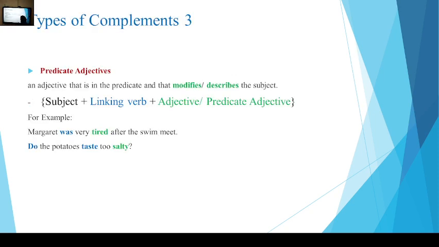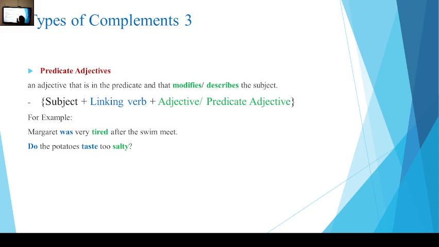The other type of complement is the predicate adjective. It's an adjective that is in the predicate and that modifies or describes the subject. So the form of the sentence would be subject plus linking verb plus an adjective. And we call this adjective a predicate adjective. So, for example, when you say, Margaret was very tired after the swim meet.